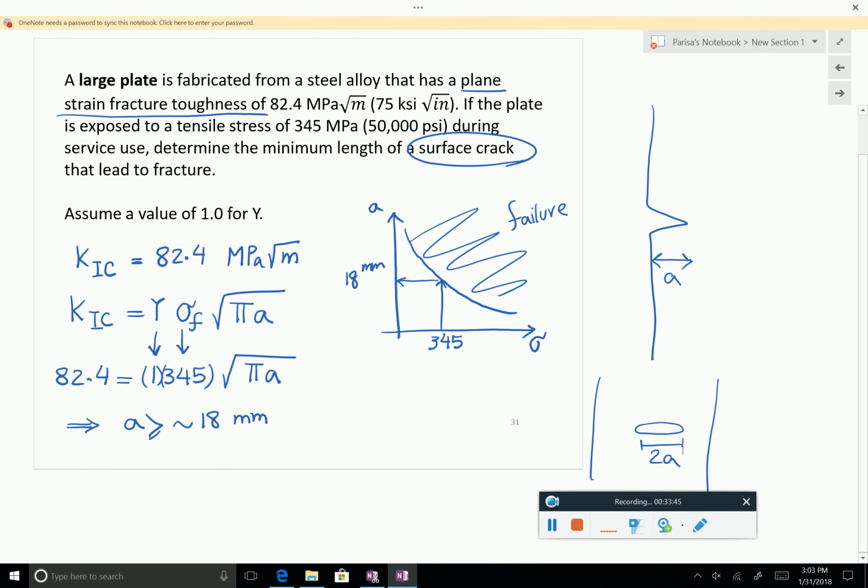Now I hope that you see the size of the crack matters a lot. So if you have, let's say, I showed you the Minnesota bridge failure. So if you have a girder or a bridge, you should be worried about developing cracks on your bridge.